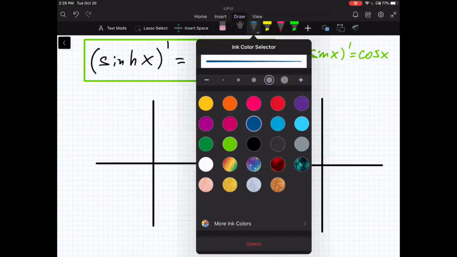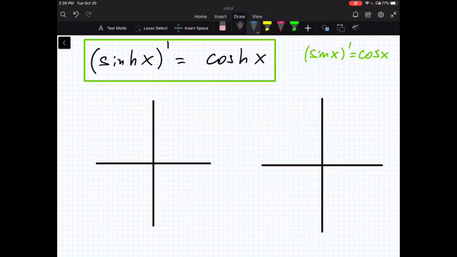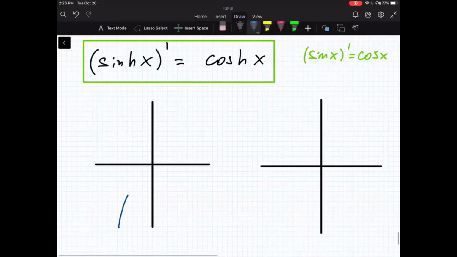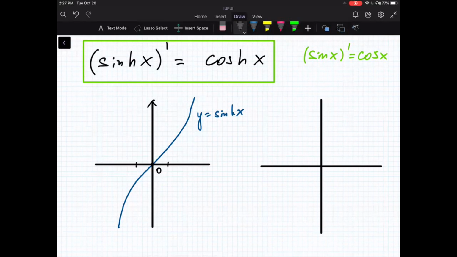And what are the graphs of these two functions? Graph of hyperbolic sine of x looks like this. At 0, it has 0, because exponential of 0 minus exponential of 0 gives you 0. While at point 1, it is close to 1, but not exactly. And at point minus 1, it's close to minus 1. But it's approximately, it's not exact value.